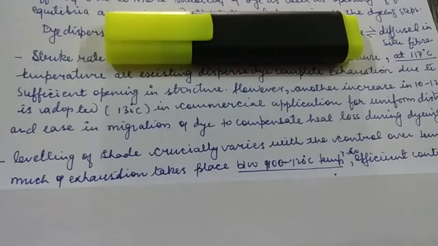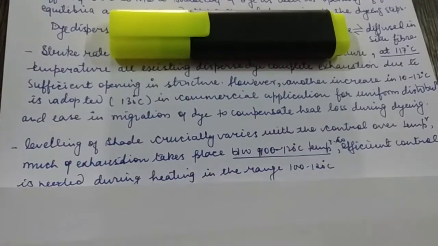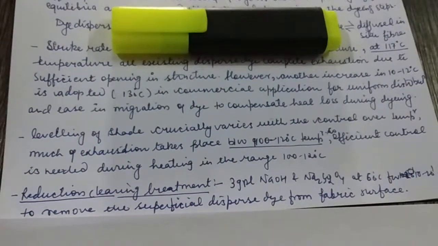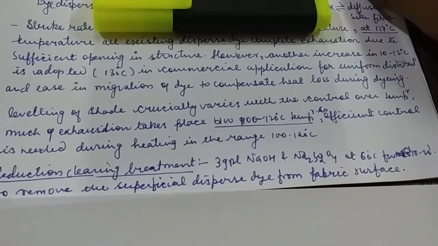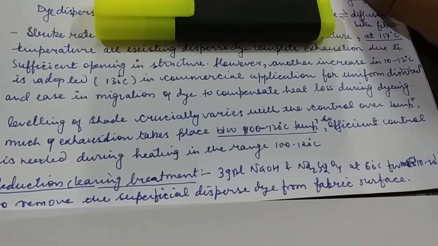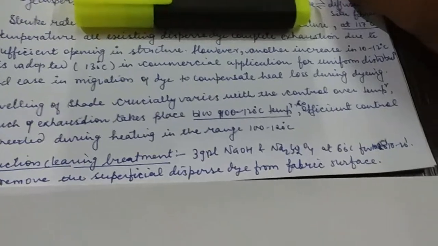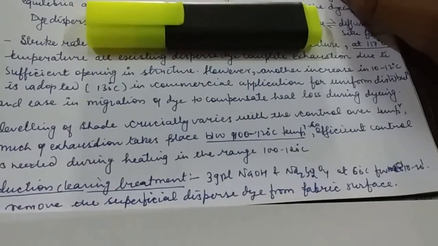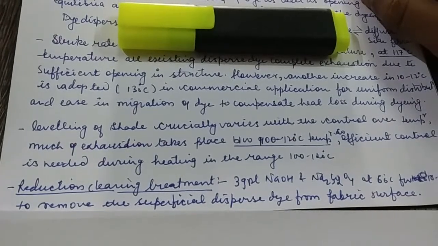After dyeing, the dyed fabric is treated with 3 GPL NaOH and 3 GPL Na2S2O4, that is hydro. In the popular language of processing, we call it caustic and hydro, at 60 degrees centigrade for 10 to 12 minutes to remove the superficial dispersed dye from the fabric surface.